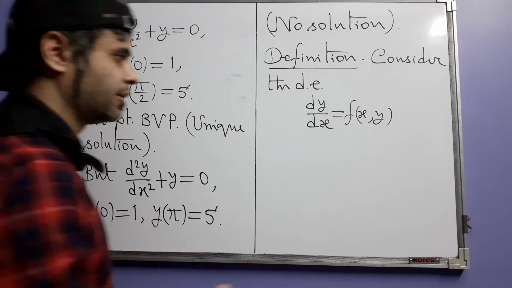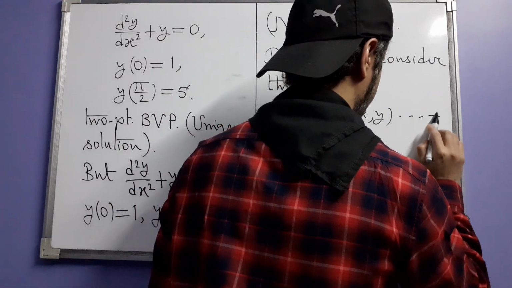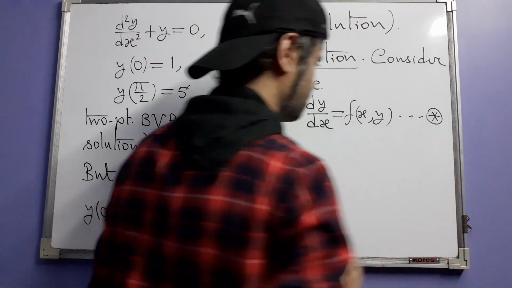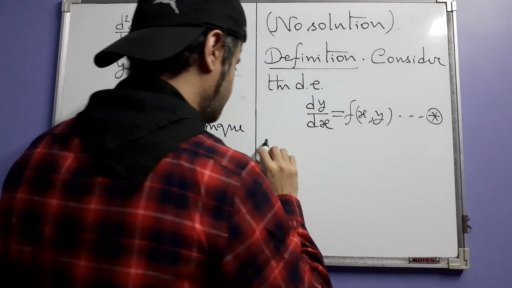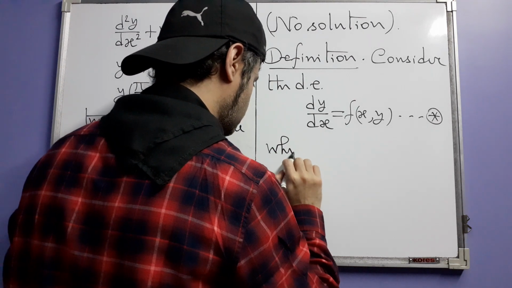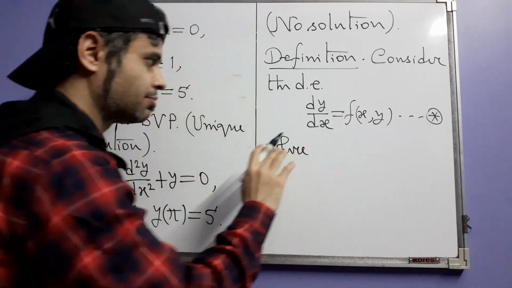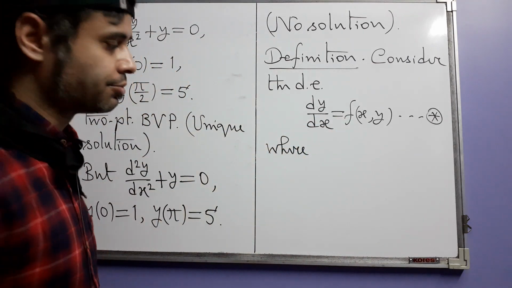Let us give it some name or number. So let me call it star. Okay, where we are now going to put some restriction on the function f.